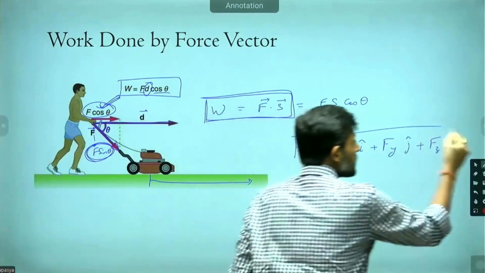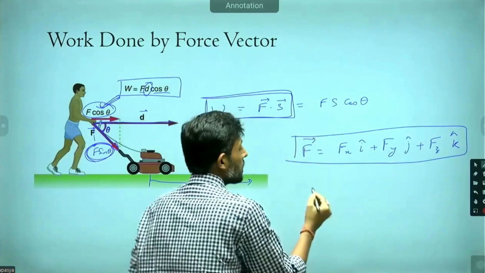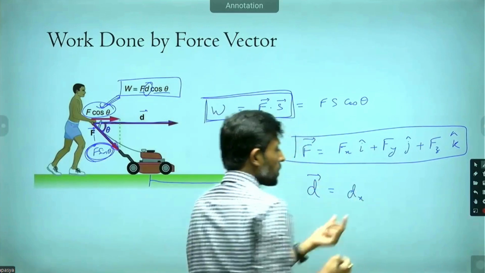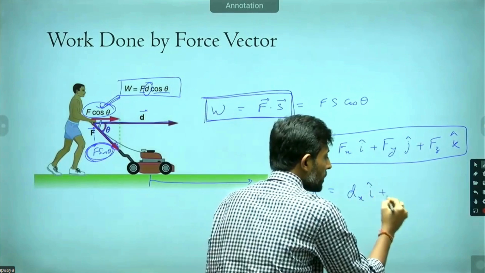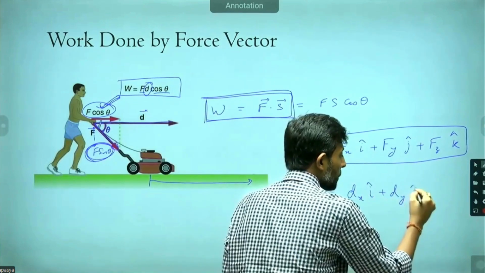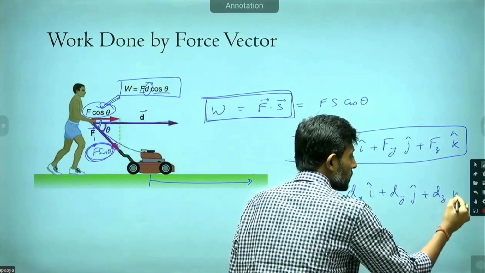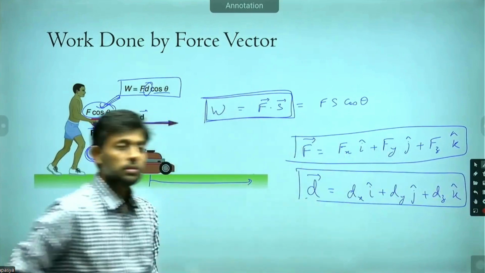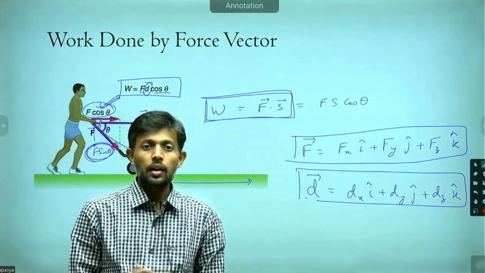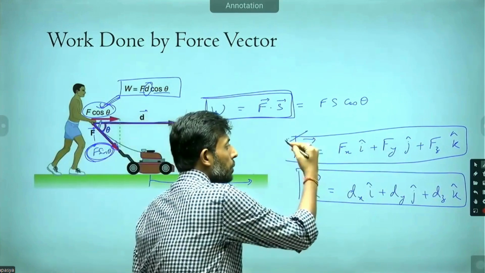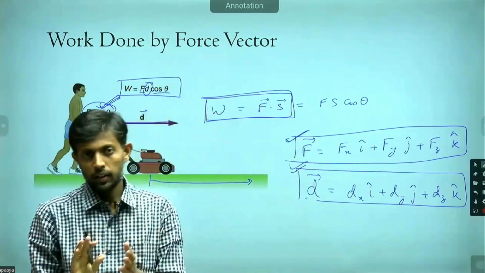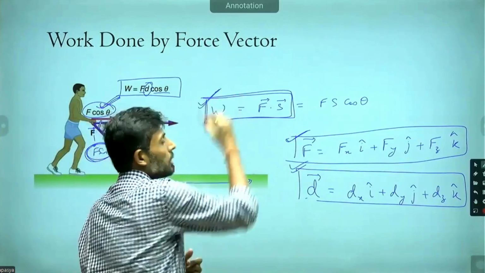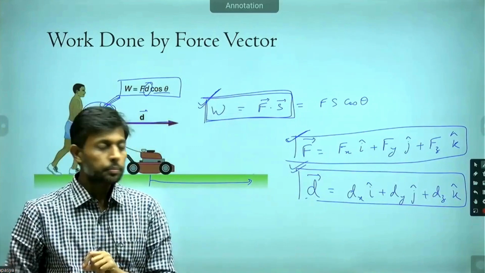If force is like this, and the displacement is also given something like this, displacement in the x direction, i cap, plus displacement in the y direction, j cap, plus displacement in the z direction, k cap, how do we find the work done then? Now it's easy. If vectors are represented like that, we know how to find their dot product, and hence we can find the work done quickly. So that's why this format is important to remember.